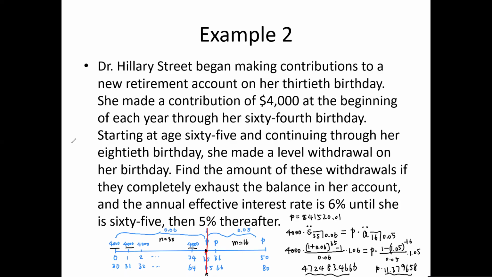So you need to be very careful here. So the first part of the annuity is S, and the second part is A.